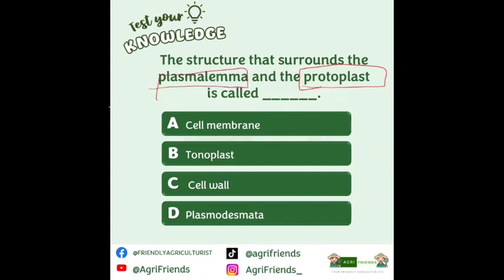Plasmalemma is also called the cell membrane. So what structure surrounds the cell membrane? It's the cell wall. Tonoplast is the membrane that surrounds the vacuole. And plasmodesmata are small tubes that allow intracellular communication in plants.